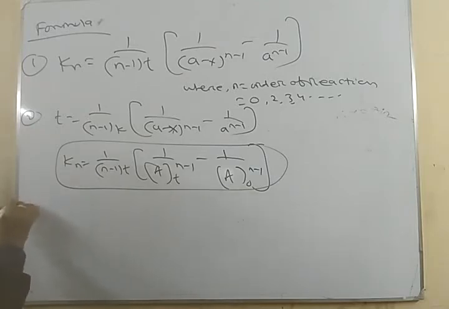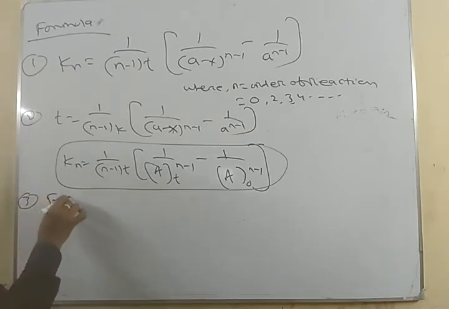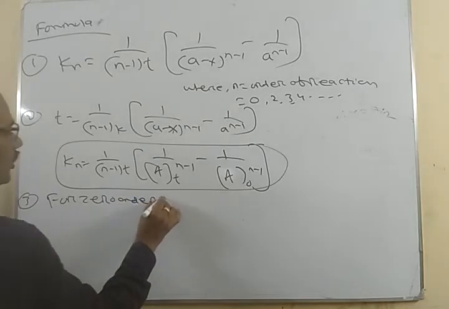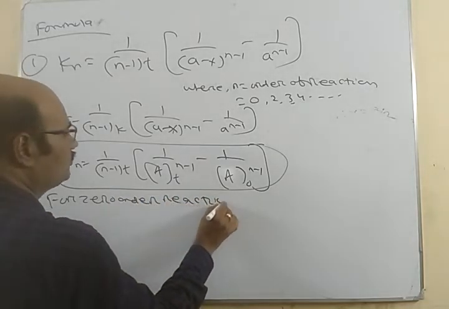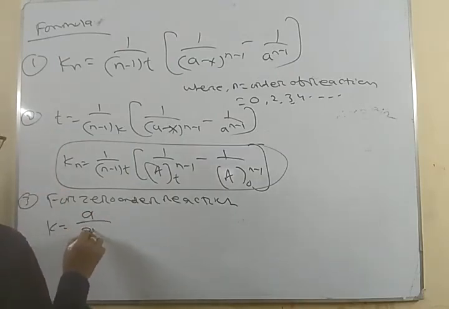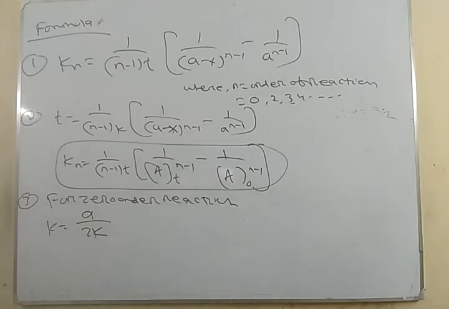So for zero order reaction, if I take T half equal to a by 2k.